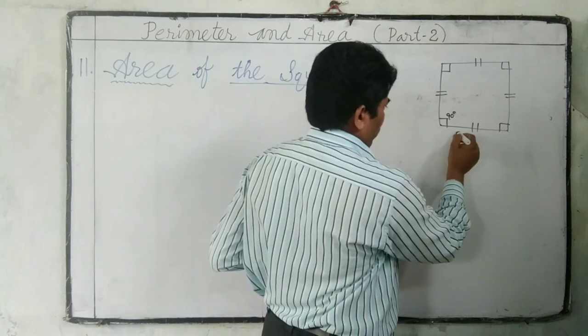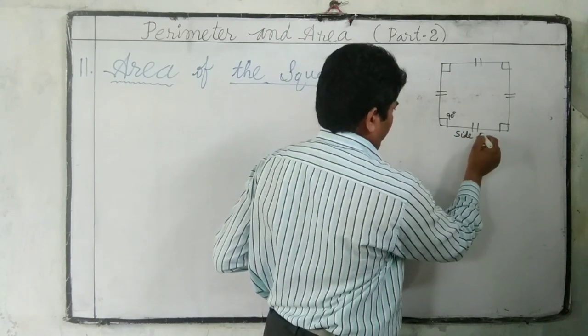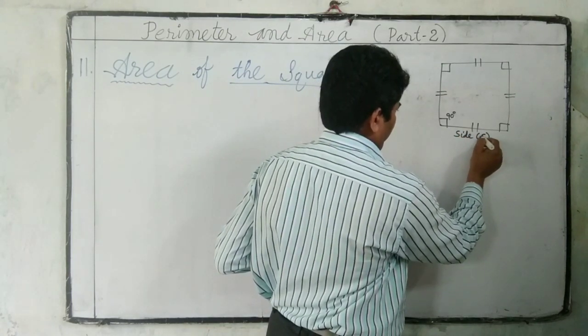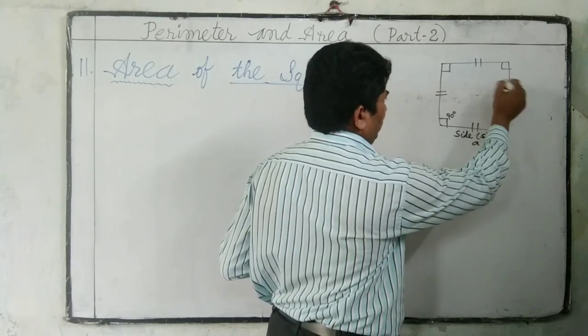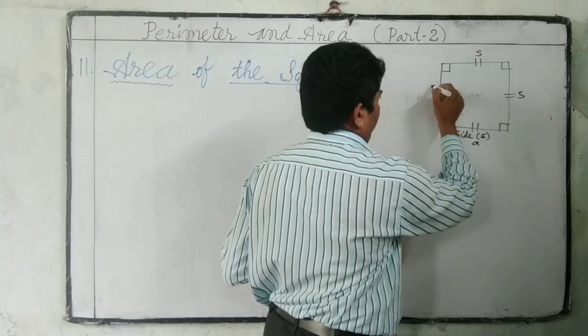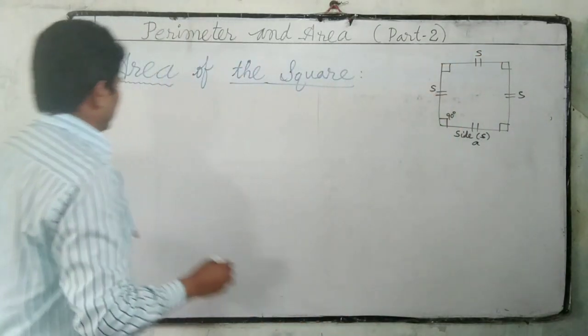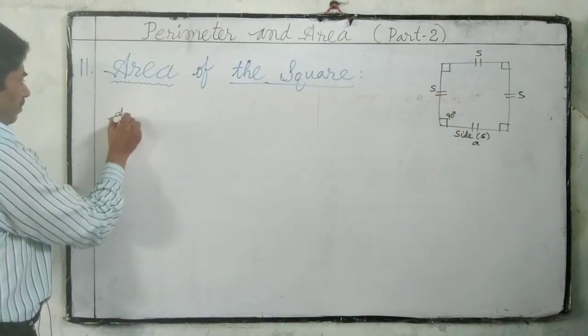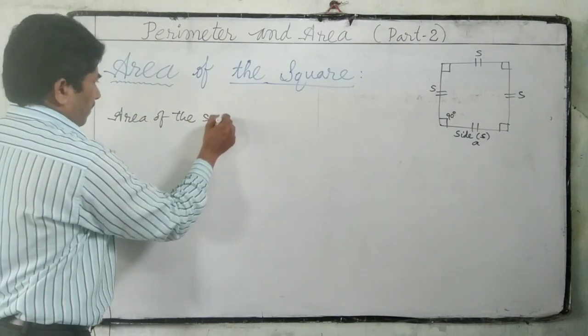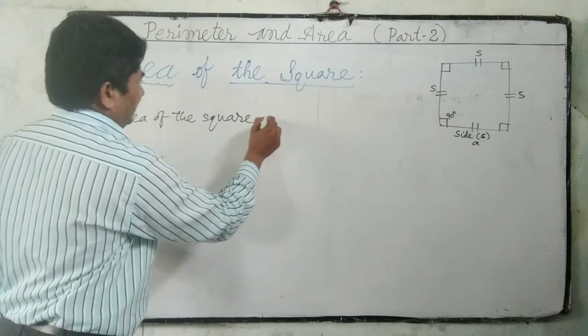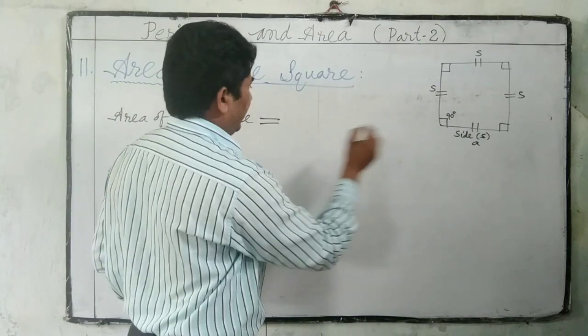If a side is denoted by S or A, these all are equal. So area of the square is equal to side into side.